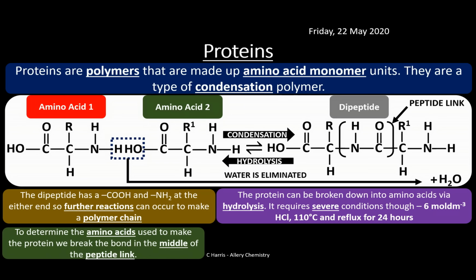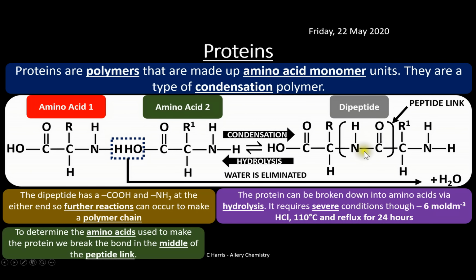And so to determine the amino acids used to make the protein, we break the bond in the middle of that peptide link. So you can see here, there's our peptide link there, and if we're working backwards, we break it there, we cleave it there, and we put a hydrogen on the end here to form NH2 and an OH here to form your carboxylic acid.